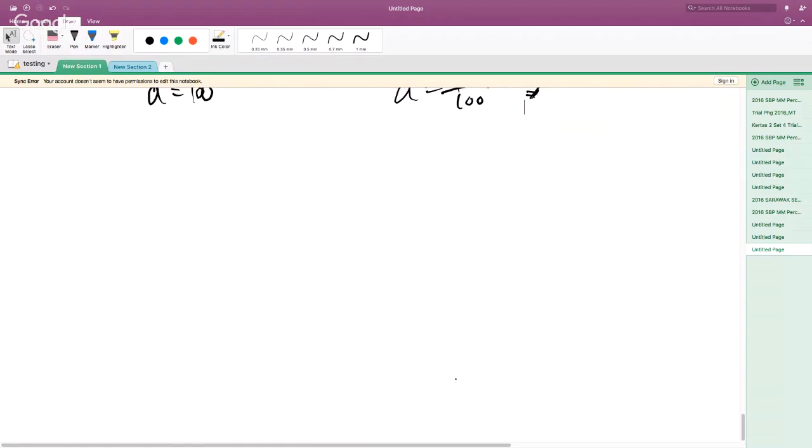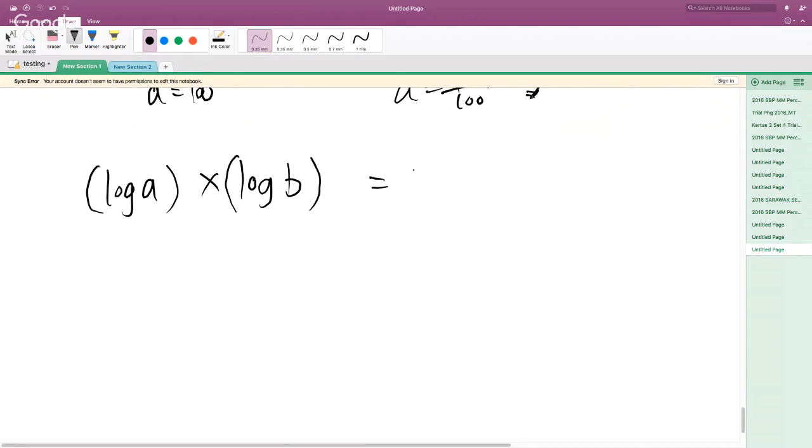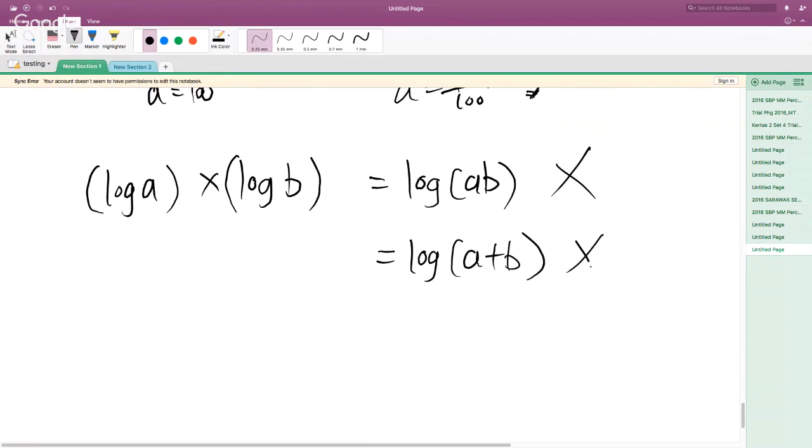Okay. So another thing is, when you have something like log a multiplied with log b, a lot of students tend to expand this into log ab, which is wrong. And some students might do something like log a plus log b, which is wrong.